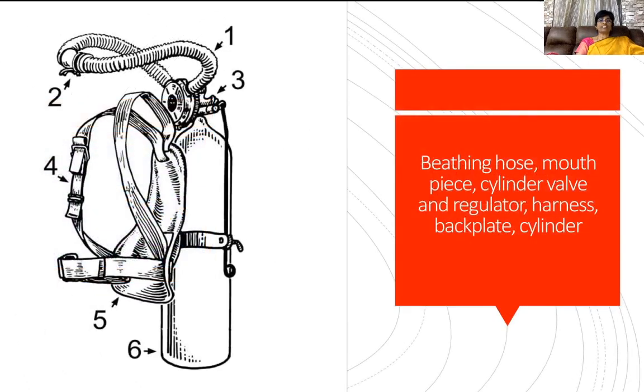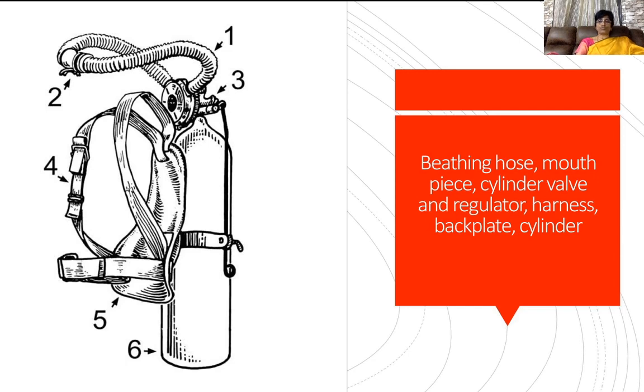This is the apparatus of scuba where it has got a breathing hose. This is called the breathing hose, and this is a mouthpiece. Then there is a cylinder valve with regulator, and this is a harness, then the back plate, then this is a cylinder.